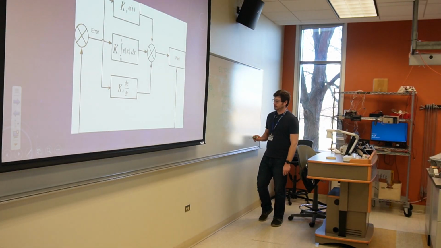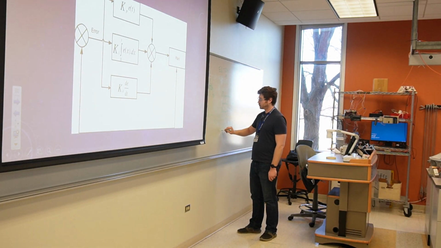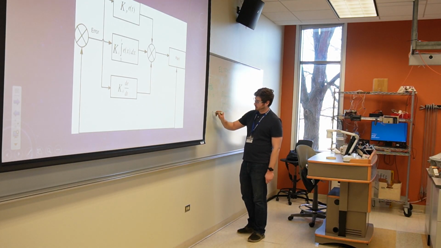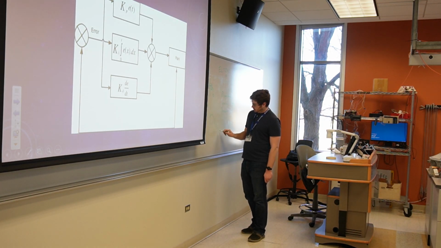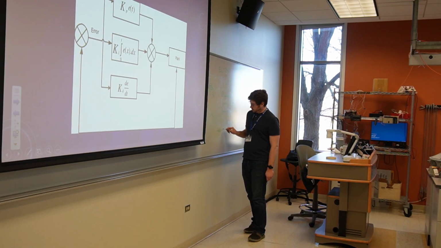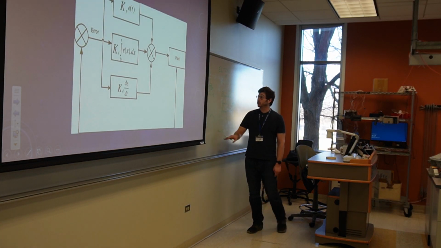Another way to think about this is the slope, the change of a signal. The derivative at this point would be this slope, the derivative at this point would be this slope, the derivative at this point would be this slope, and so on. That make sense?